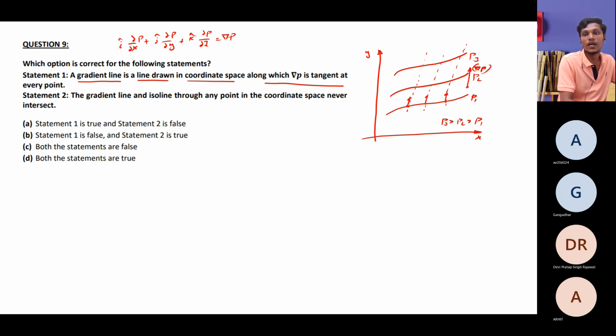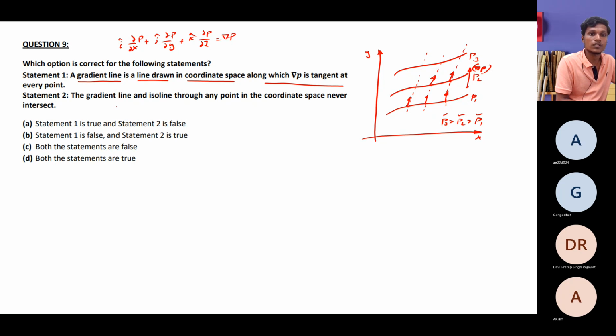The pressure gradient gives the direction in which the scalar field, like the pressure field, is changing at the maximum rate. So those are your gradient lines. You must remember that P3 is greater than P2 greater than P1, then only these gradient lines will point in this upward direction.